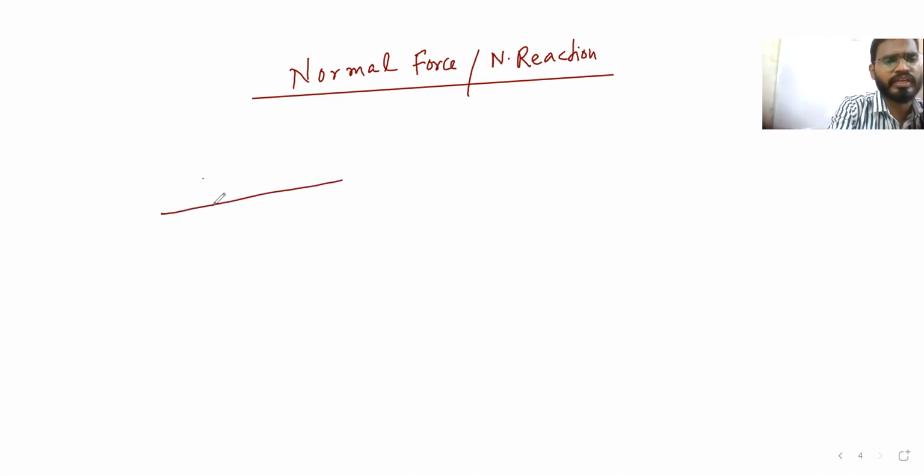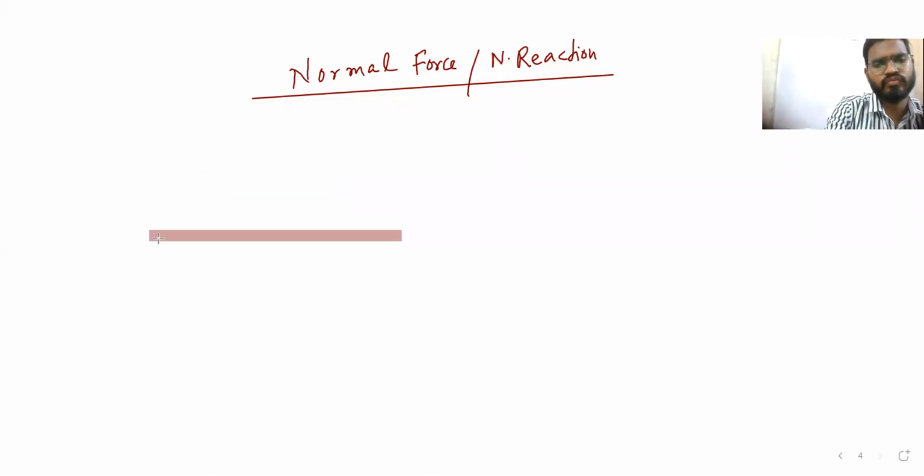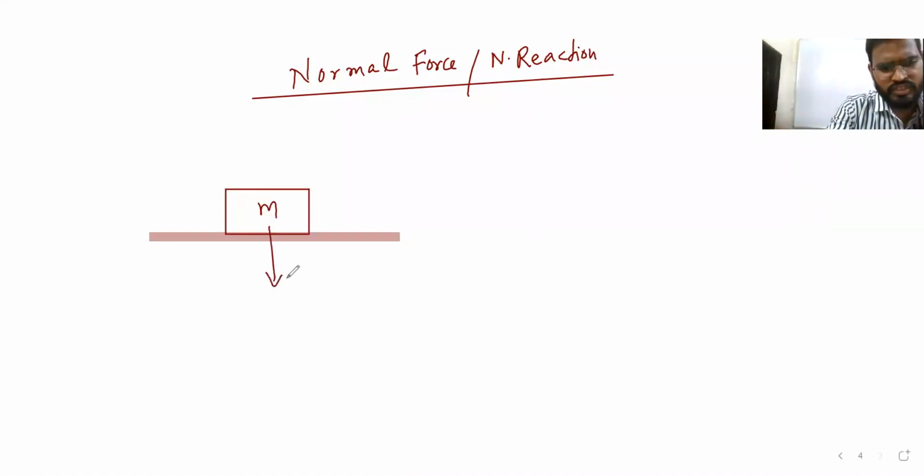Suppose you are keeping an object here, let's draw it properly. This object of mass m is placed on the surface. Of course, there will be weight, which downward is mg. To balance that weight, there should be some force so that it can be balanced.